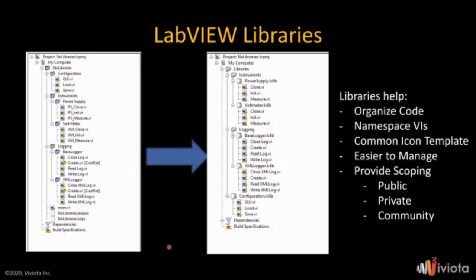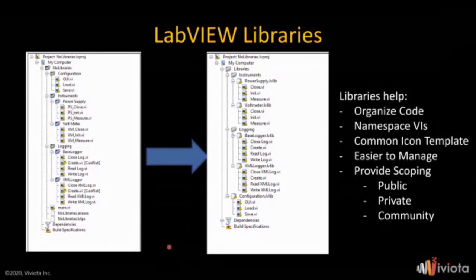Each device has its own folder. On the right, I have a contrasting view with packed libraries, where now everything is virtualized, and we have these libraries that contain the VIs targeted at different functions. A lot of times you'll have libraries with classes in them as well. While our code is very heavily class-based and object-oriented, it's not required for certain aspects of this, but it's still useful to have libraries whether you're using classes or not.